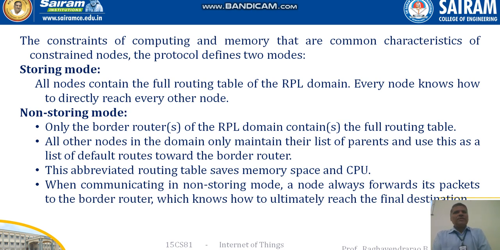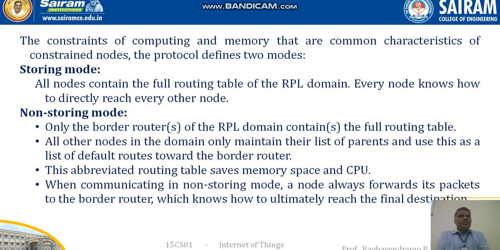In case of non-storing mode, only the border routers of the RPL domain contain the full routing table. All other nodes in the domain only maintain their list of parents and use this as a list of default routers towards the border router.